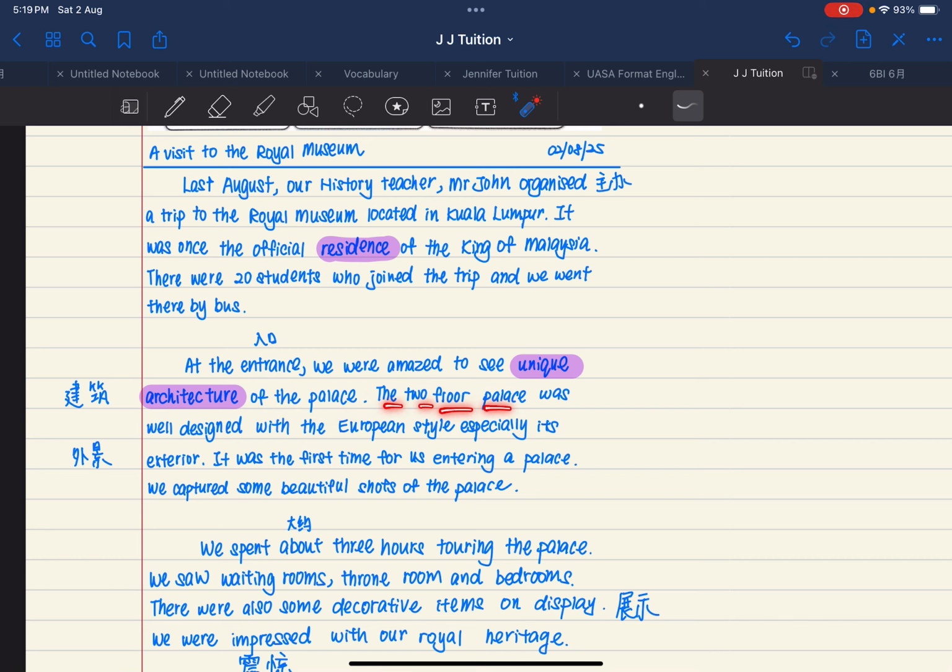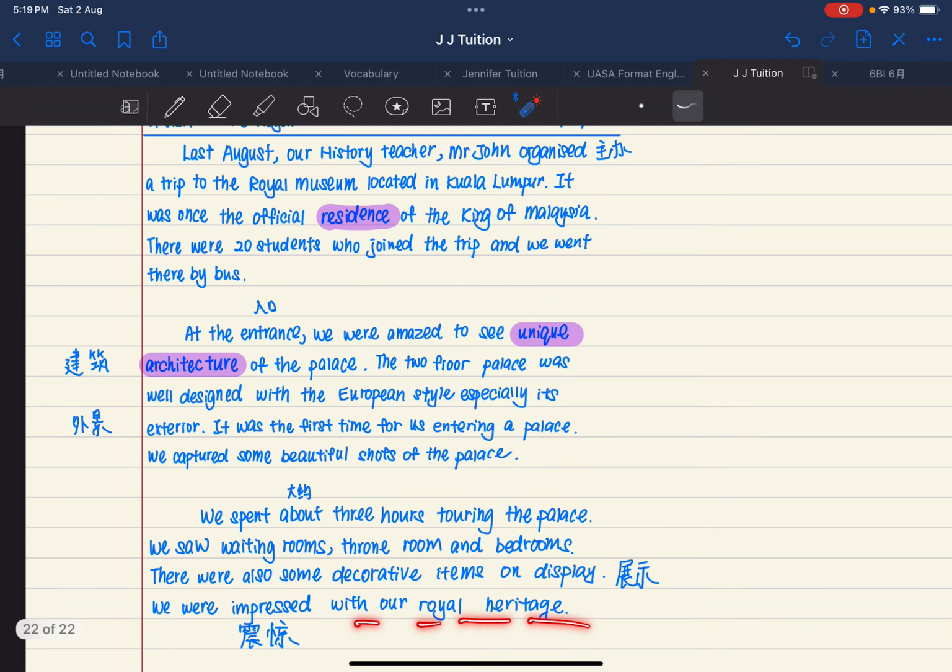The two-floor palace was well designed with the European style, especially its exterior. It was the first time for us entering a palace. We captured some beautiful shots of the palace. We spent about 3 hours touring the palace. We saw waiting rooms, throne rooms and bedroom. There were also some decorative items on display. We were impressed with our royal heritage.